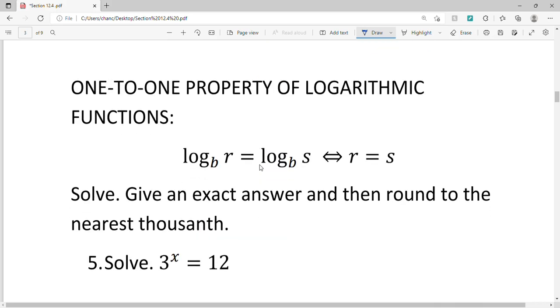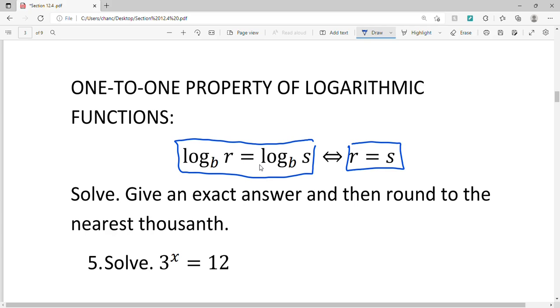The one-to-one property of logarithmic functions. If we have log base b of r equal to log base b of s, this implies that r is equal to s. This also goes backwards. If r equals s, that also implies that the log base b of r is equal to log base b of s.